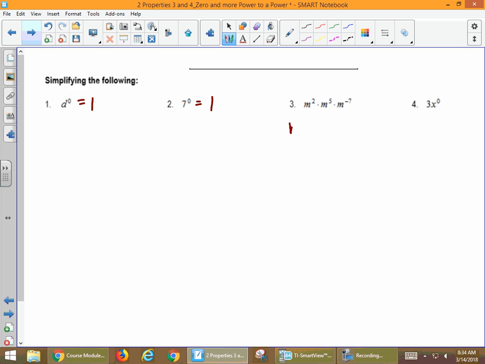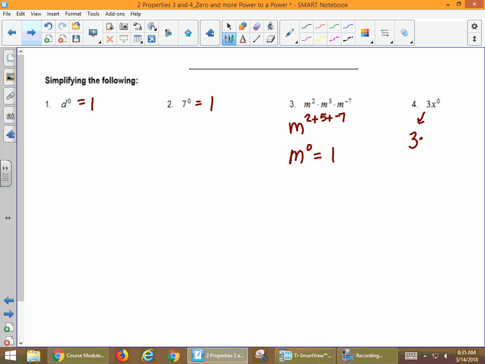Here, this is m to the 2 plus 5 plus negative 7. So that's m to the 0 power, which is... Now careful here. What is the 0 attached to? Just the x. So this 3 is not affected by that 0 exponent.